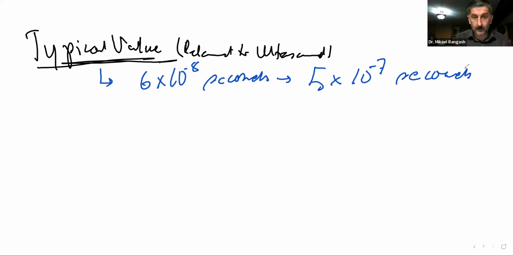This is recognized as the normal range, where this is the shortest period and this over here is the longest period for an ultrasound wave.